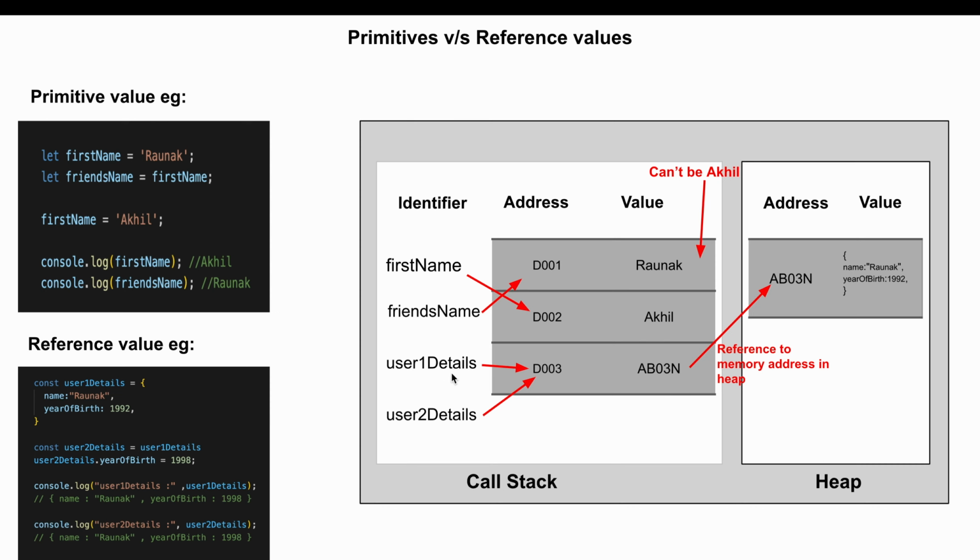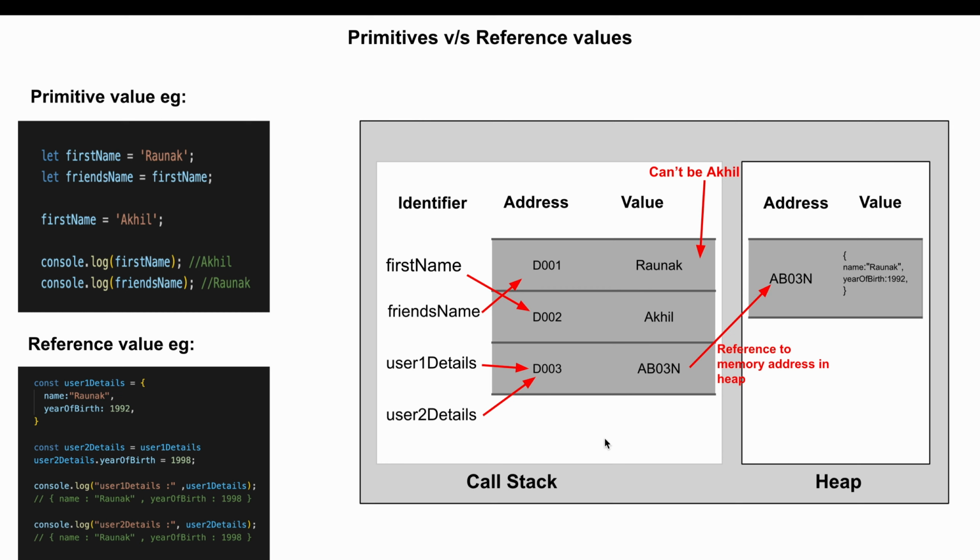Right now both the variables, both the identifiers, are pointing to the same address, which stores an address as a reference for the memory heap, and that address points to some data stored in the heap, which holds a value, which is an object here.